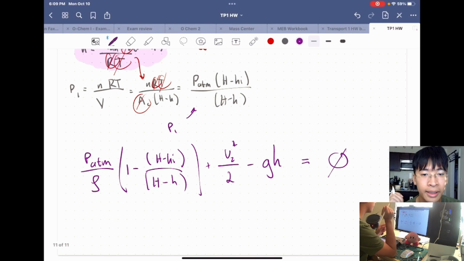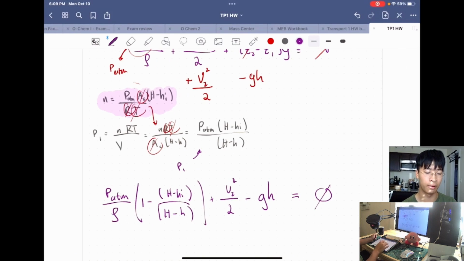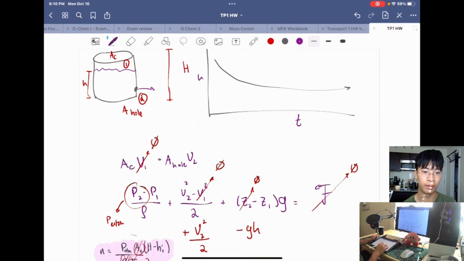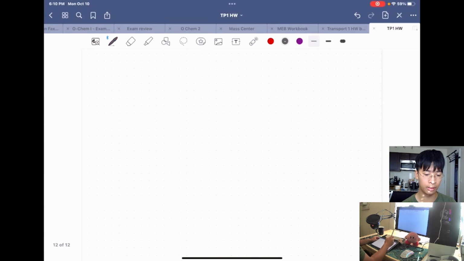Now what are we solving for here? Maybe it's not so apparent now, so before we answer that question, let's find our differential equation. Let's look for the flow rate at 2. So Q at position 2, at the hole, is equal to the area of the hole multiplied by V2.